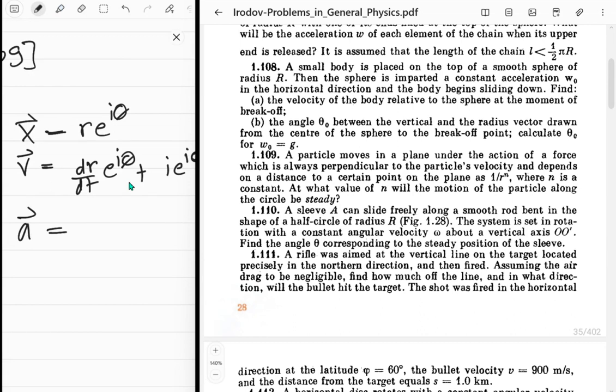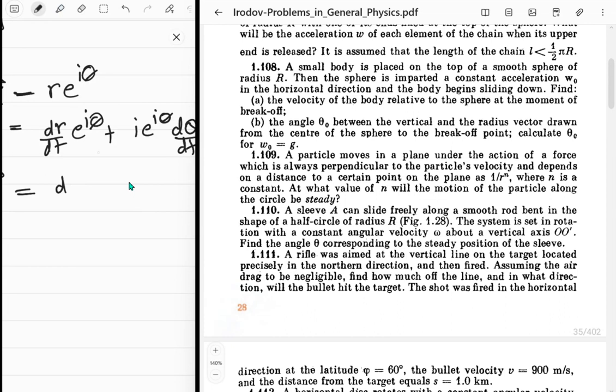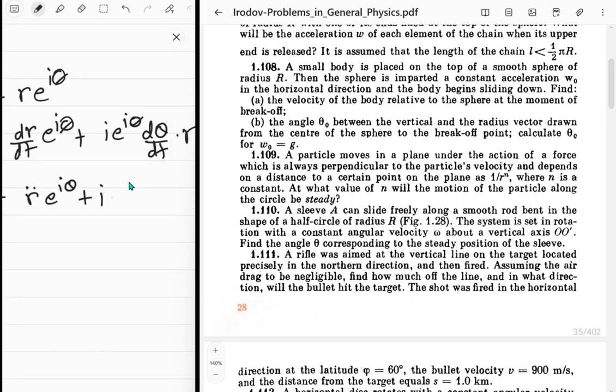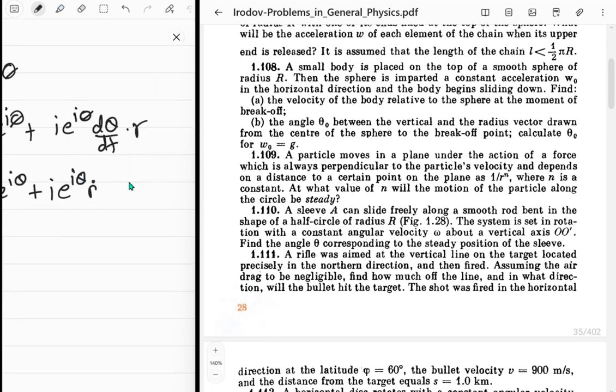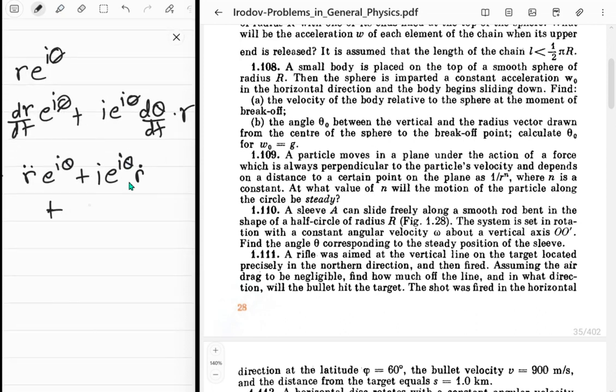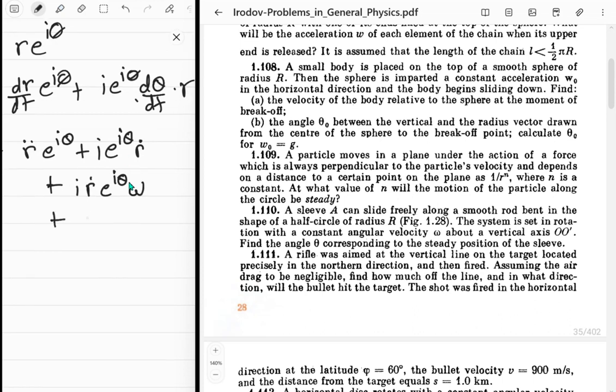The acceleration is the rate of change of this thing. Let's say dr/dt is r dot. So this will be r double dot e^{iθ}, you get the idea, plus i e^{iθ} times r dot, the net rate of this thing. So i r dot e^{iθ}, and let's call this thing omega. Plus the rate of this thing.